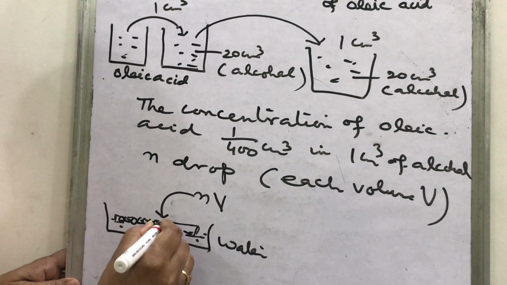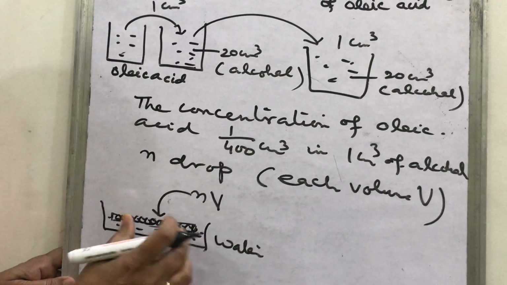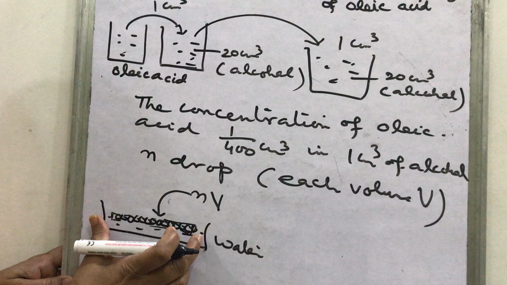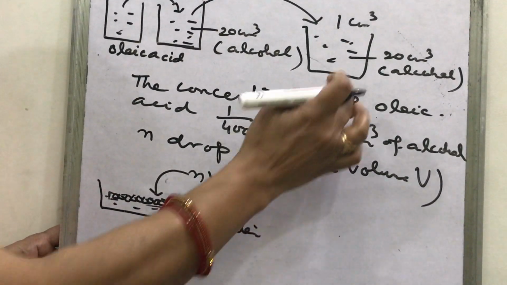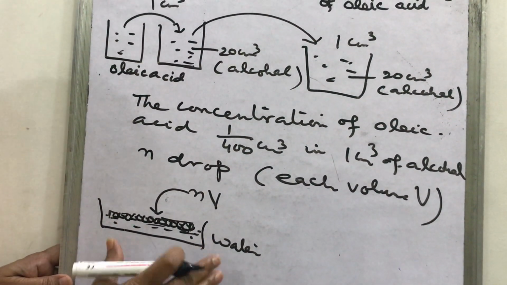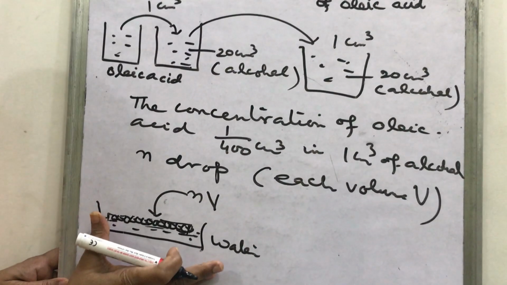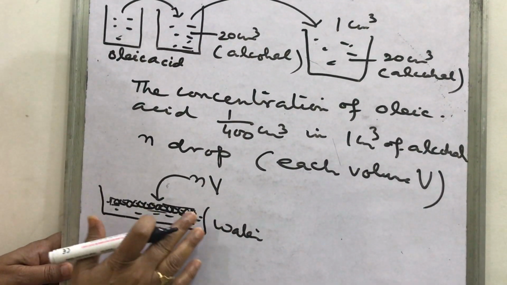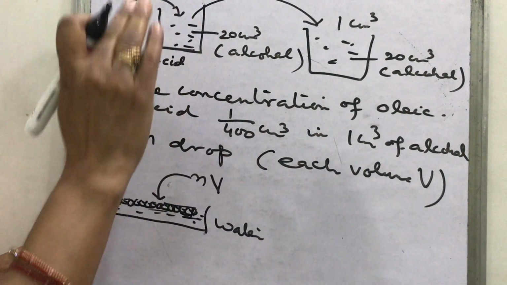Which molecules? Oleic acid. So, by graph paper, the area of this film is measured. Again I am saying, n drops of this solution are poured in the container having some water, and it is broad. Then a film of oleic acid is formed, and the alcohol evaporates.